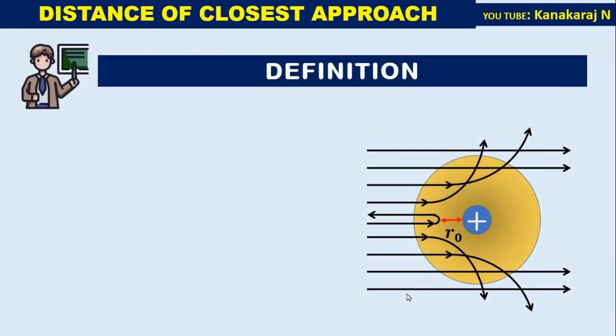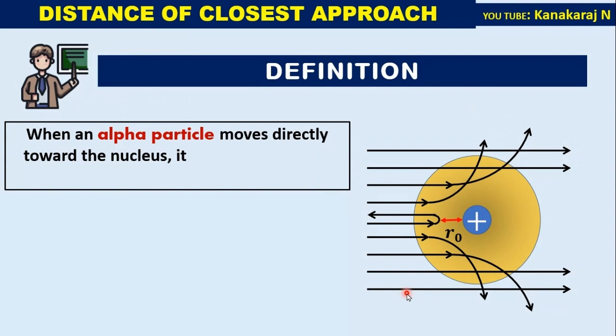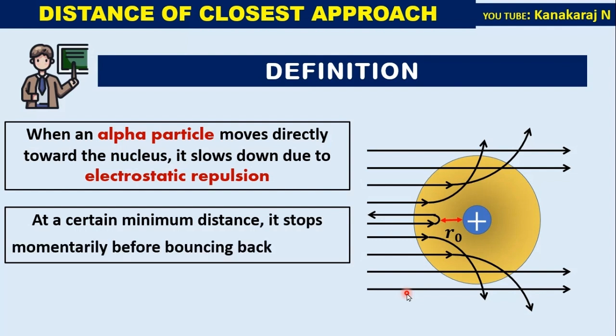Definition. When an alpha particle moves directly towards the nucleus, it slows down due to electrostatic repulsion. At a certain minimum distance, it stops momentarily before bouncing back at 180 degrees.